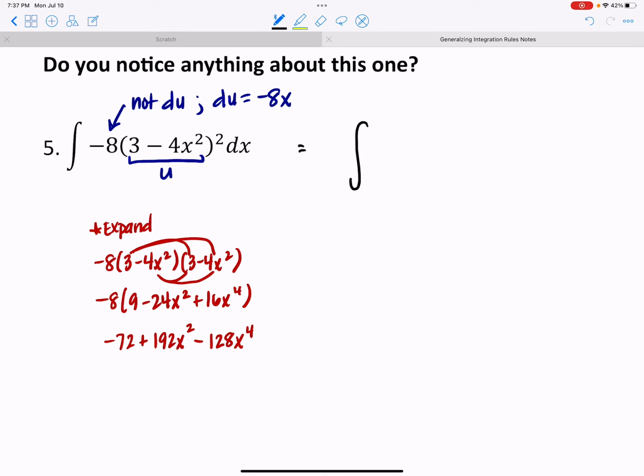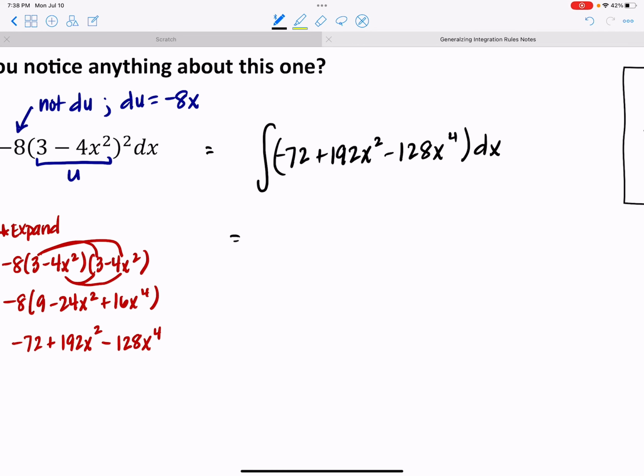This is the same as trying to integrate negative 72 plus 192x squared minus 128x to the, not the fifth, but the fourth power. And now I can just use my sum and difference rule. I can just integrate each of these three pieces separately.